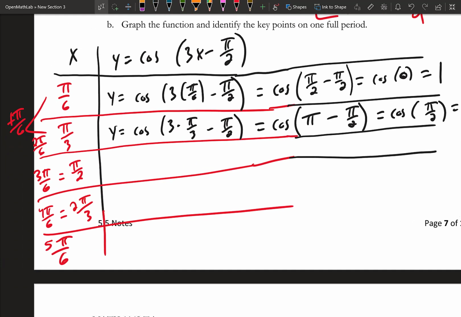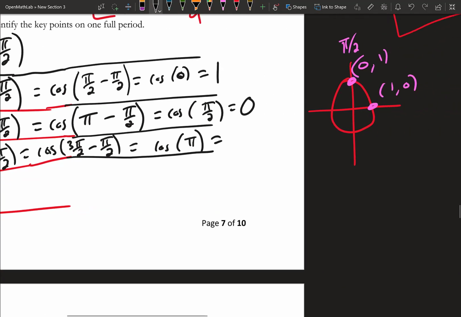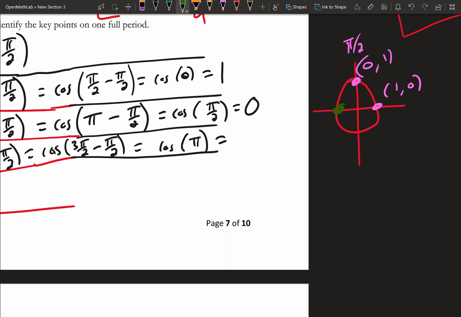Right? So then next we'd have y equals cosine of 3 times pi over 2 minus pi over 2. That's equal to cosine of 3 pi over 2 minus pi over 2, which is equal to cosine of pi. So cosine of pi, I would be here now, right? That's the point -1, 0. So cosine is the x-coordinate, so that would be -1.